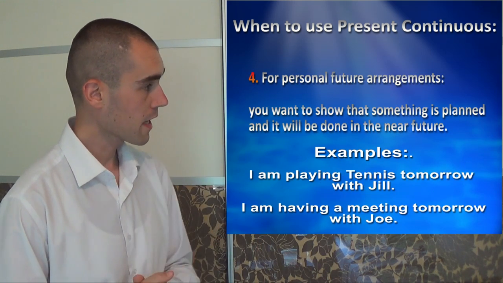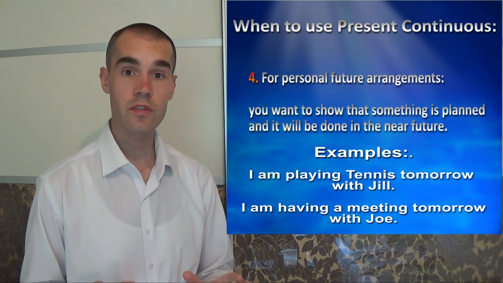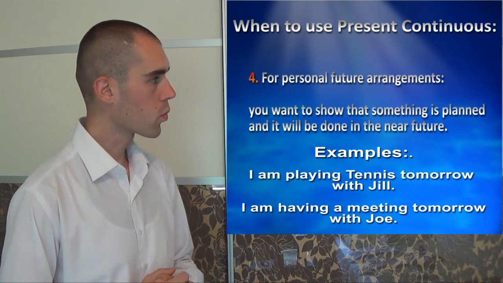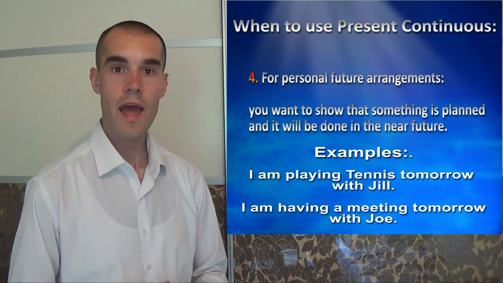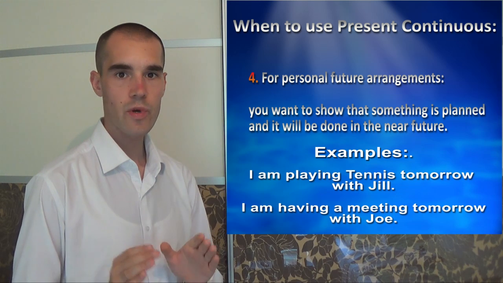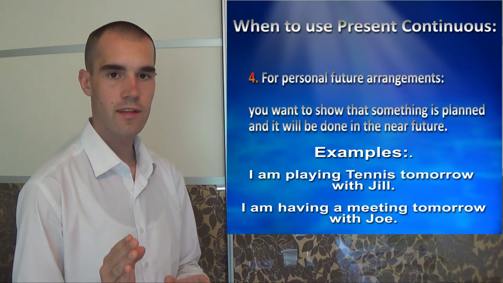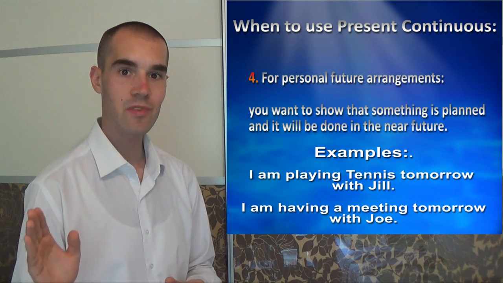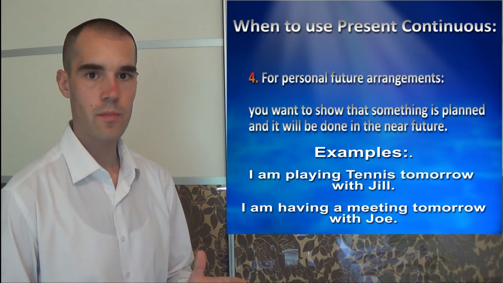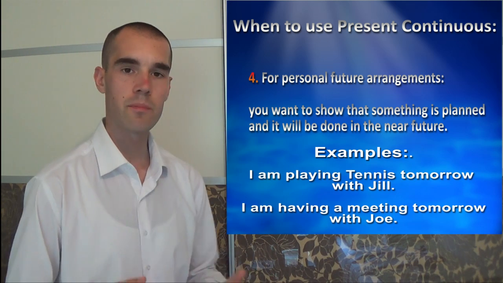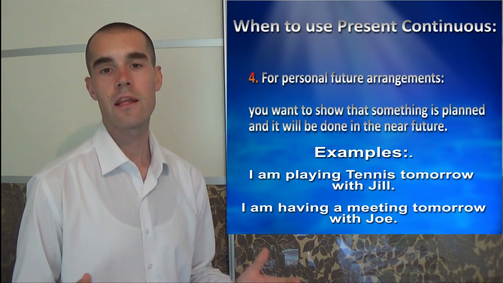And on the fourth place we have personal future arrangements. So that are actions which will happen in the future and which you arranged for yourself for the future, and we have to distinguish them from actions which are timetable, official announcements and similar. So that is something like I'm playing tennis tomorrow with Jill, I'm having a meeting tomorrow with Joe, and so on.